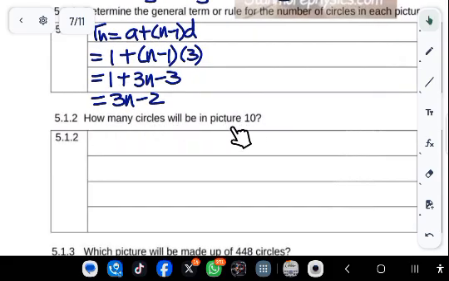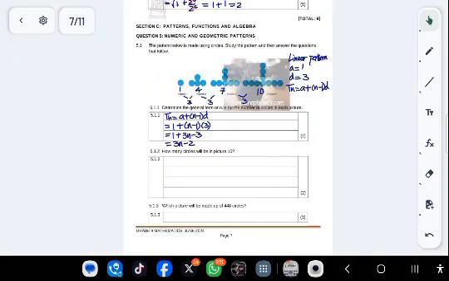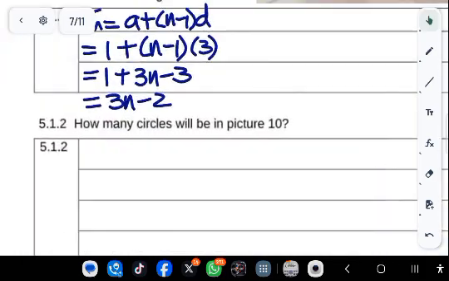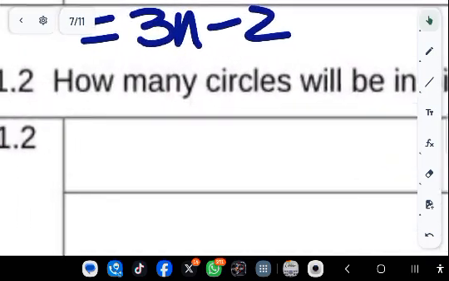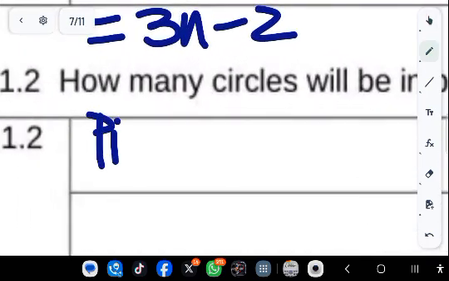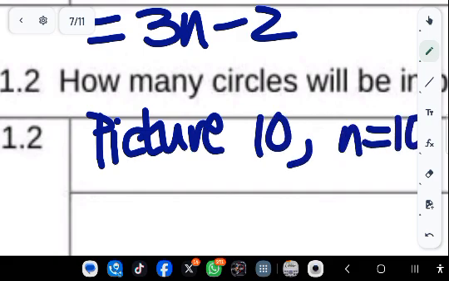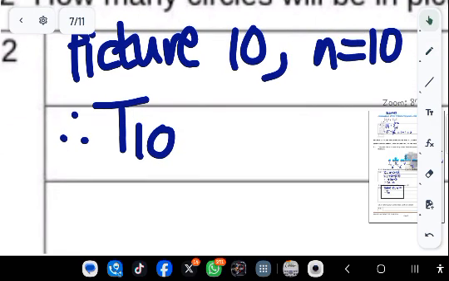How many circles will be in picture 10? So that is term number 10. For picture 10, our n is equal to 10, meaning that we're looking for T10.